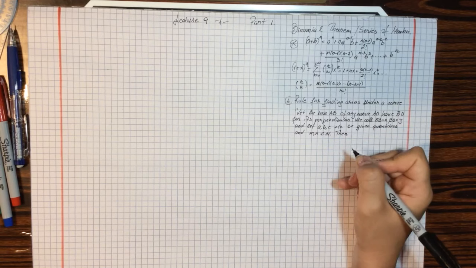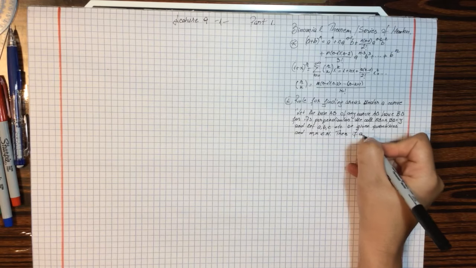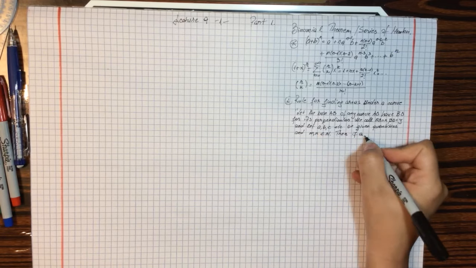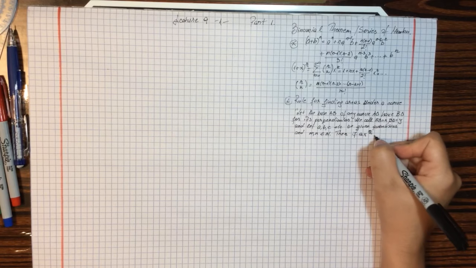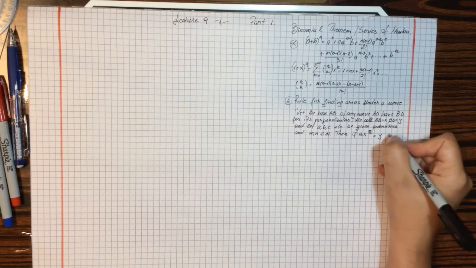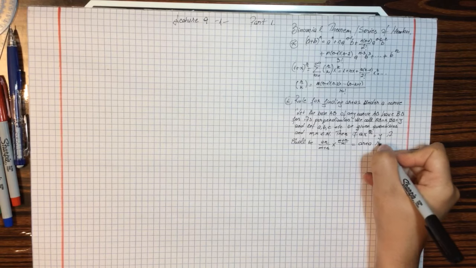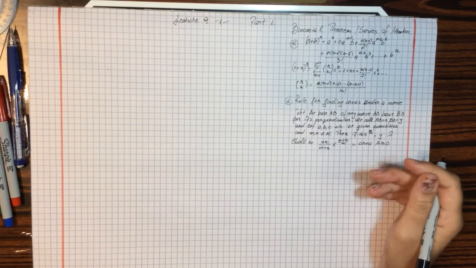Then if little a, which is some given quantity, times x to the power m over n, a rational power of x, is equal to y, then it shall be that a times n over (m plus n) times x to the power (m plus n) over n would be equal to the area ABD. Let me just draw a picture here.